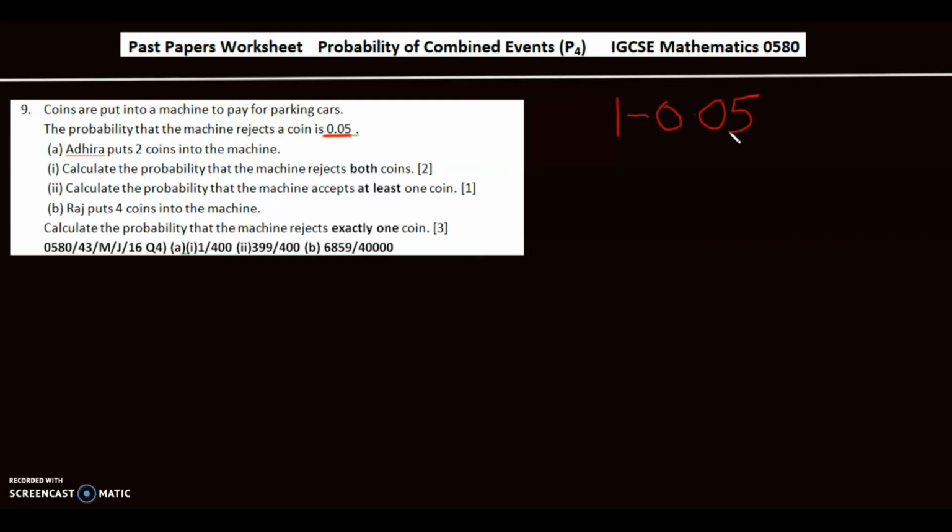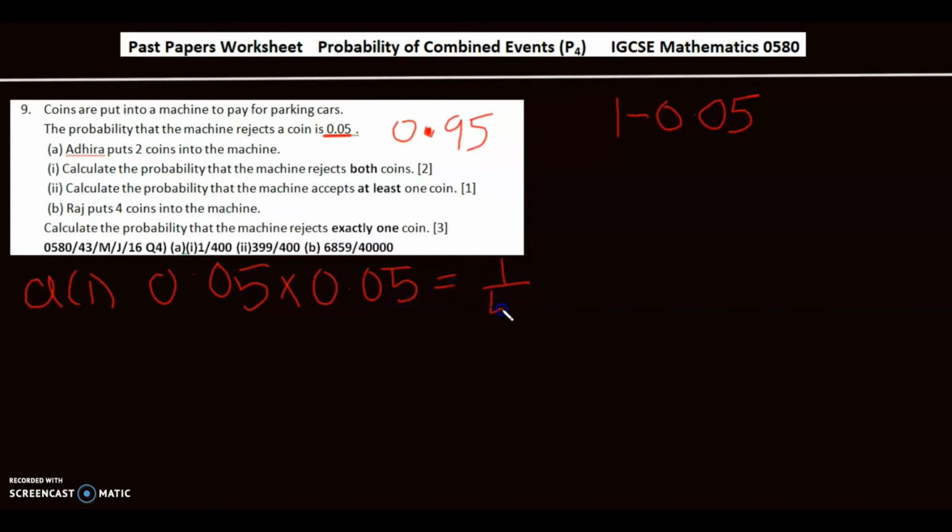So either this or 0.95 is the probability of acceptance of the coin. Okay. So Adhira puts 2 coins into a machine. Part 1, calculate the probability that the machine rejects both coins. So that's simply probability of rejection times again probability of rejection, which is going to give 1 upon 400.